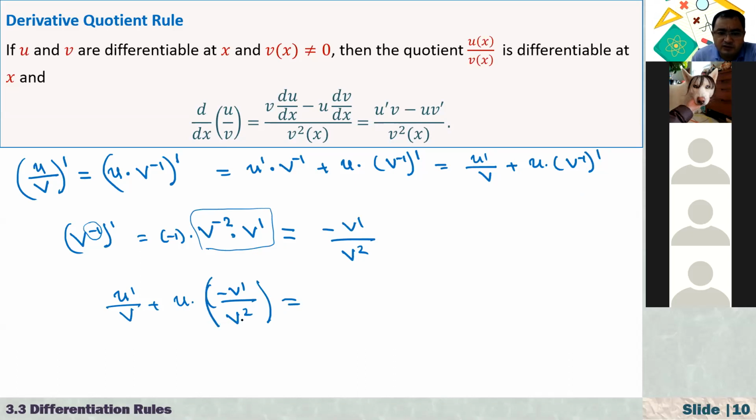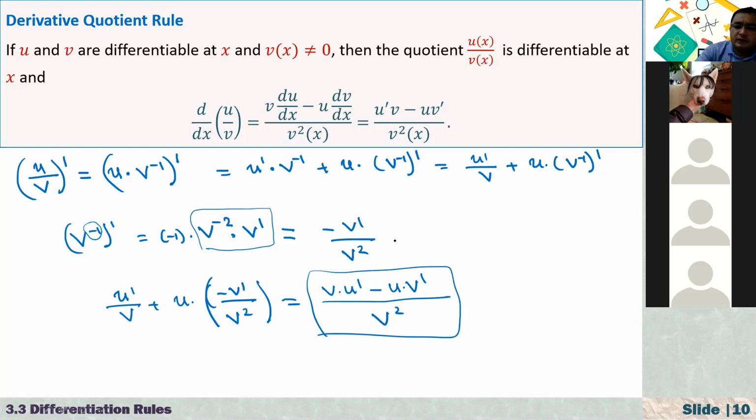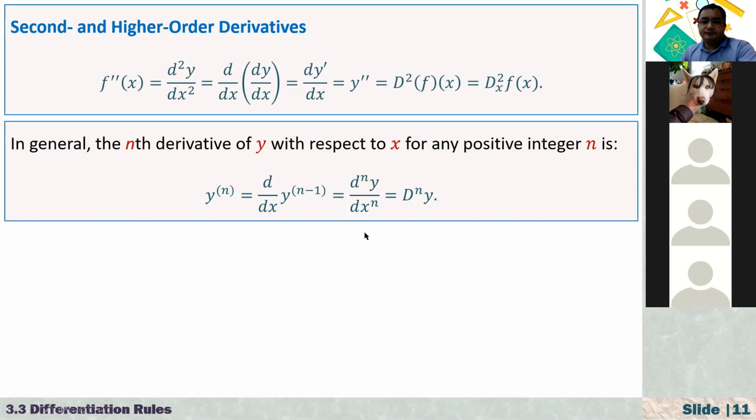The common denominator is v squared, and I should multiply the first numerator by v. So here we have v times u prime minus u times v prime.